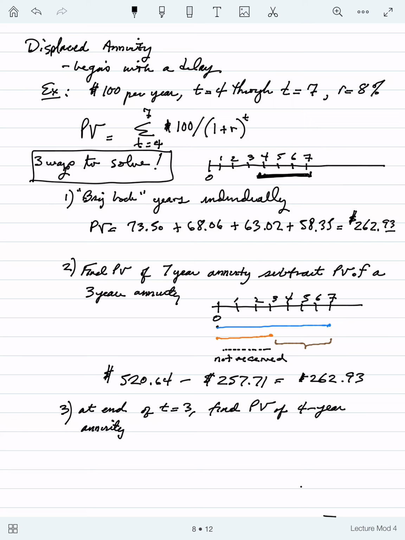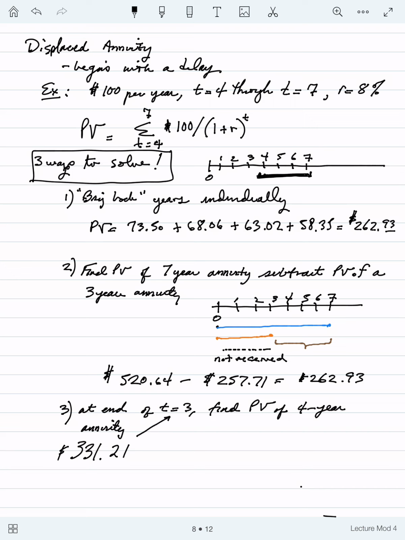So you could just do a 4-year annuity and utilize a discount factor. See, so it winds up being 331.21. So this is the year 3 value of this 4-year annuity.